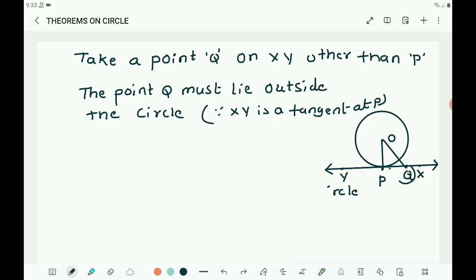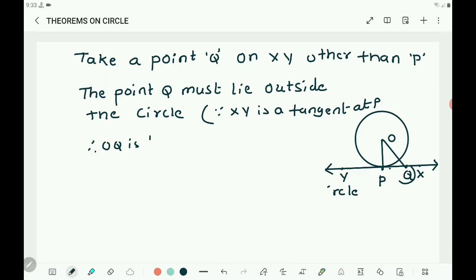Therefore, as Q lies outside the circle, it must be greater than OP. So write, therefore, OQ is longer than the radius OP.